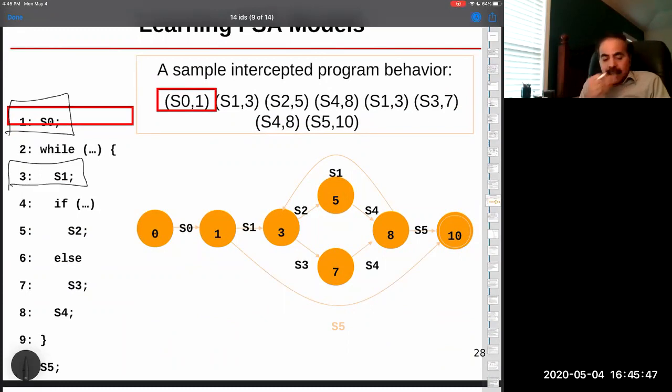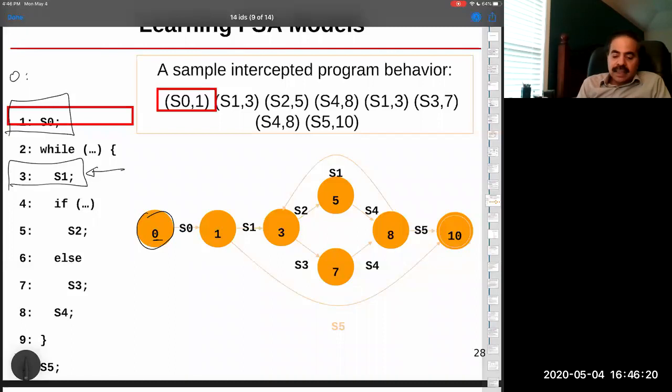So when we look at the program behavior, in addition to looking at the system call itself, we can also get the location from which the system call is being made. Once we get this information, we can use it to construct something like a finite state machine. For instance, let's say this is line 0.